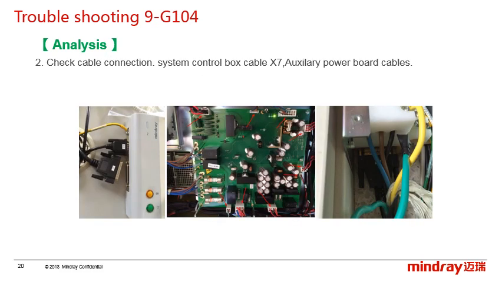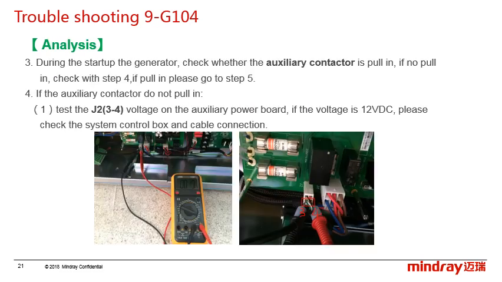The second step is to check the cable connection, like the system control box and the auxiliary power board, all the cables. If the above steps cannot solve the problem, let's continue.